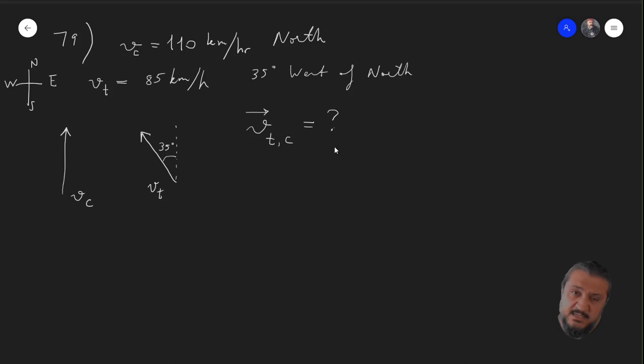So these vectors, which are given, are actually with respect to the road. By VC, I really mean VC road, VCR, and for the truck, VTR. R means road.